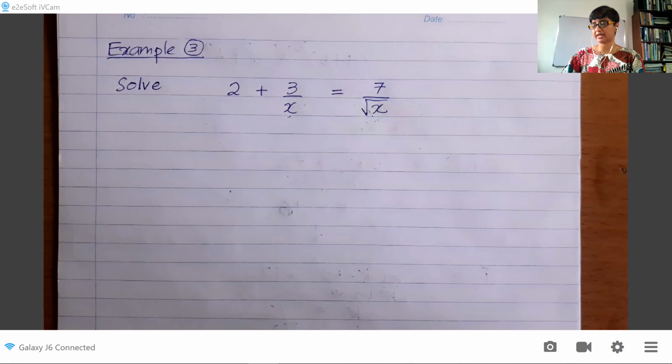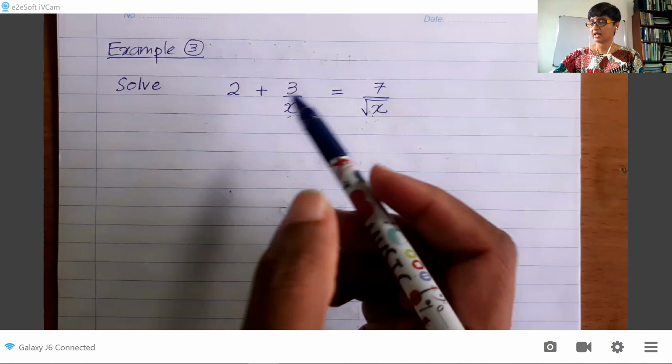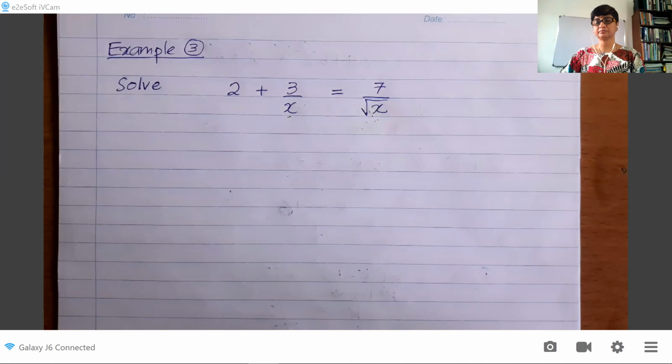What should I multiply the 2 sides of the equation by, in order to get the x off here and the root x off? What should I multiply it by?